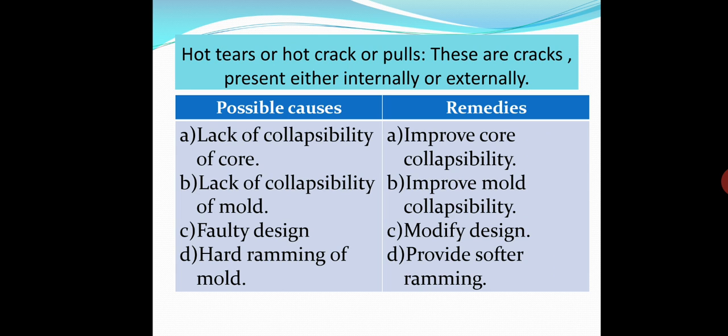For these reasons, cracks are present either in the internal part or in the external part of the casting, which is known as hot tear. To avoid this defect, we have to improve core and mold collapsibility, modify design and provide softer ramming.